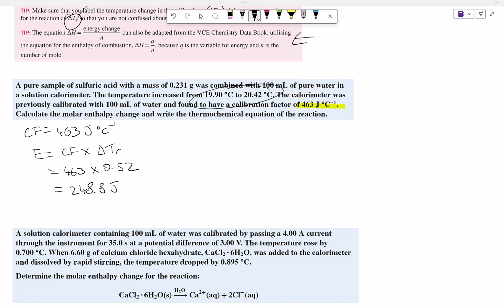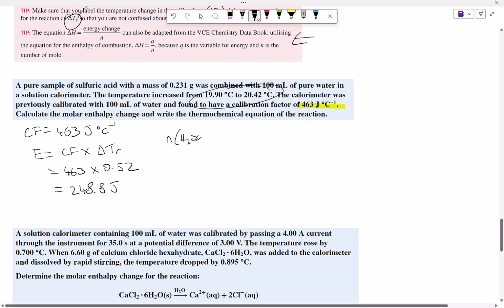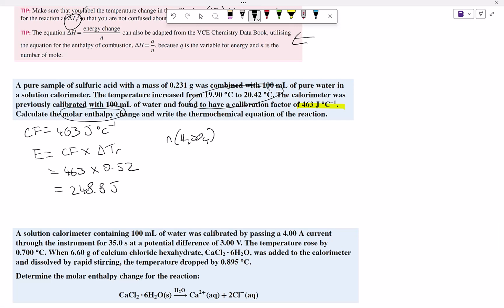here is to work out the number of moles of sulfuric acid. So that's H2SO4. Remember, what we're calculating is the molar enthalpy. So to do that, we need to know what the delta H is.